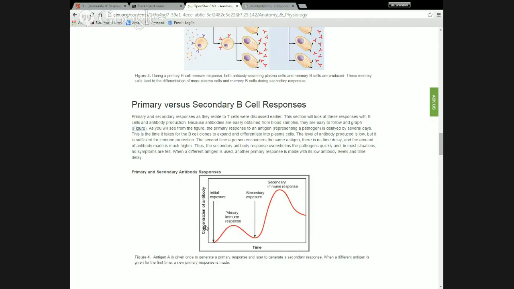If we're talking about some arbitrary concentration of antibodies, if the primary immune response is 1 arbitrary unit of concentration, the secondary response is going to be something much more along the lines of thousands or 10,000s of units.